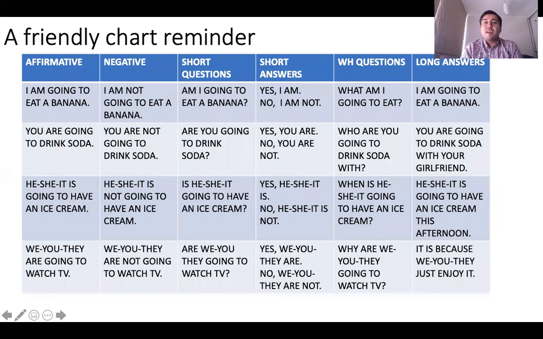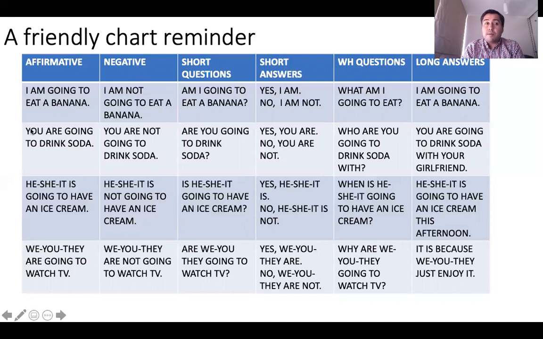Then, here is a chart I had for you. On this chart you can see the different forms: affirmative, negative, short questions, short answers, WH questions, and long answers. So you have examples of how to make these forms according to the subject that you have.